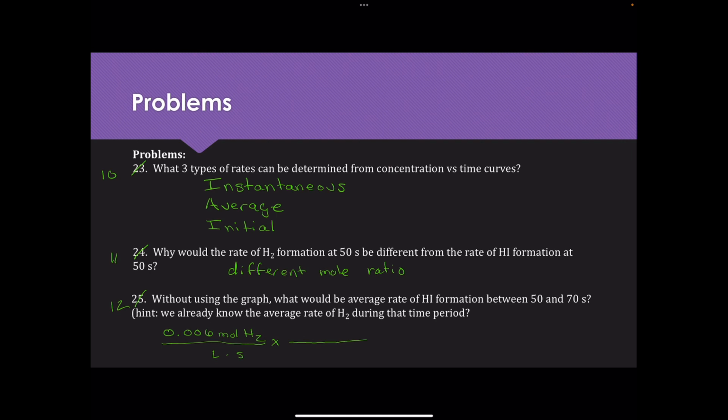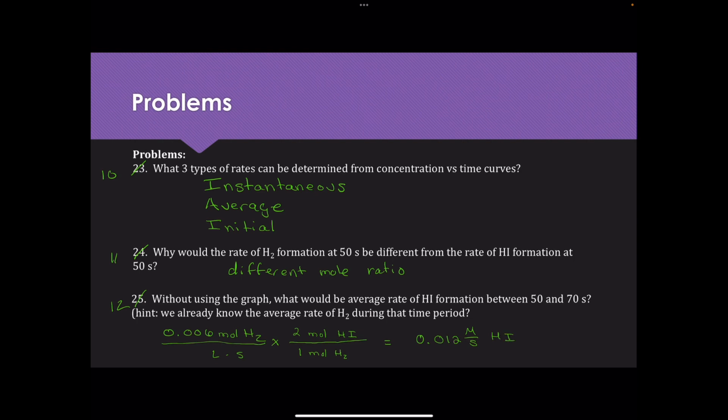Looking back to our balanced equation that we had previously, it's 1 mole of hydrogen for every 2 moles of hydrogen iodide, which will give us a rate double that of the hydrogen. So we see a rate of 0.12 molarity per second for the hydrogen iodide.